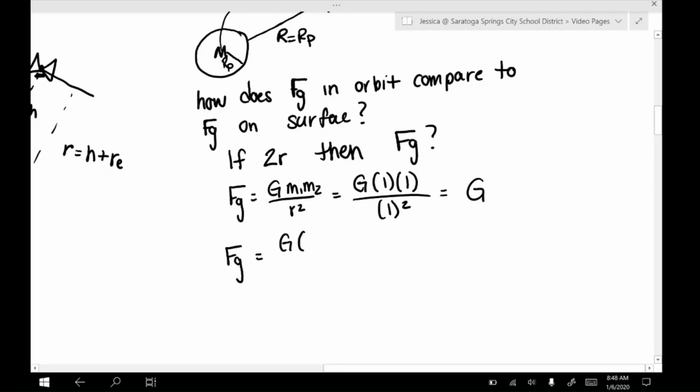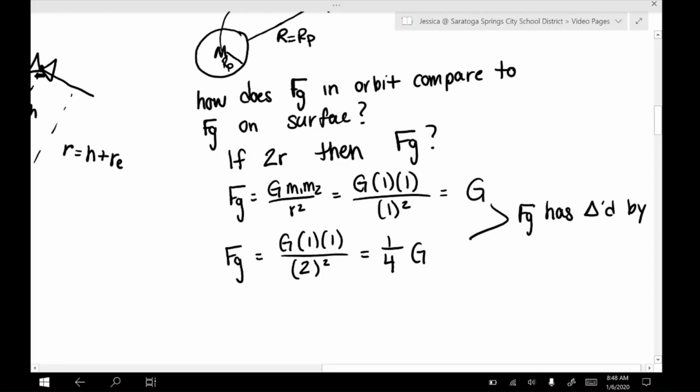So in this case, we need to double r. So instead of 1, I'm going to have a 2. Well, that gives me 1/4 G. So what this means is that Fg has changed by a factor of 1/4. So if I double the distance, then that gives me 1/4 Fg.